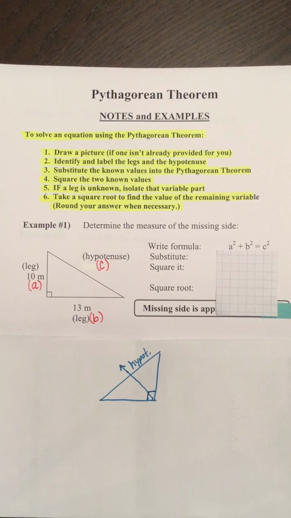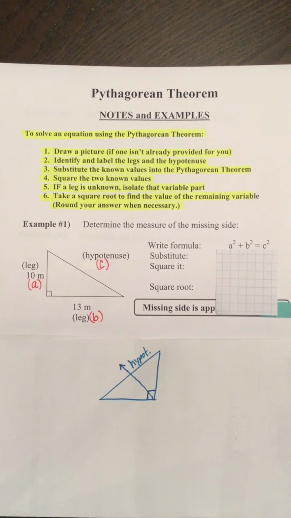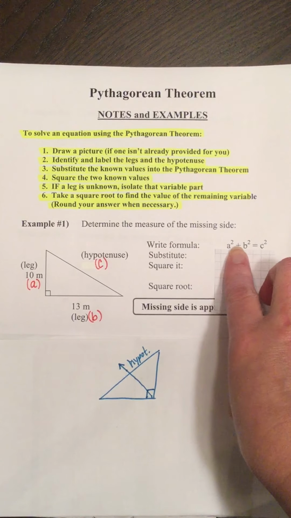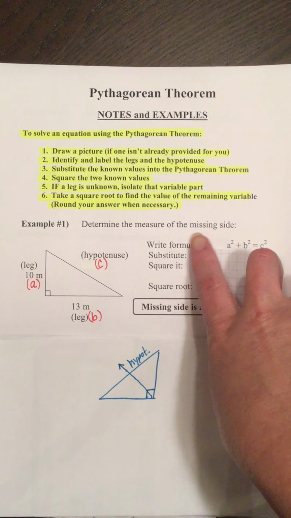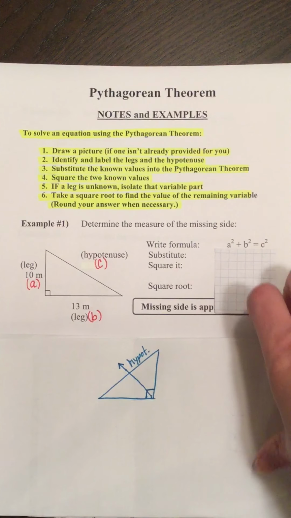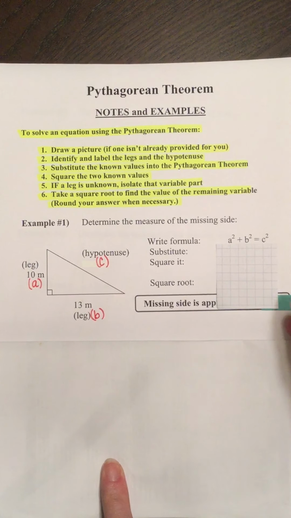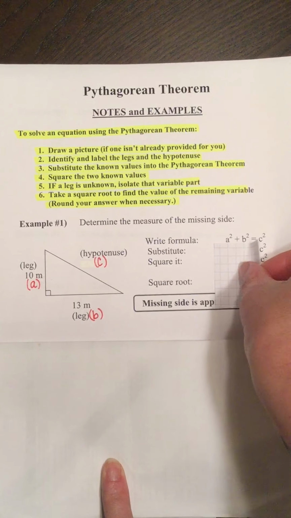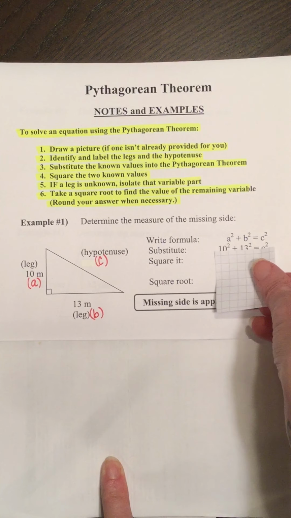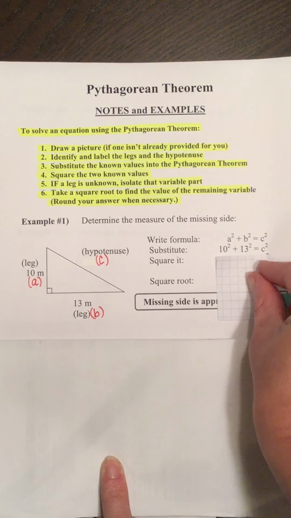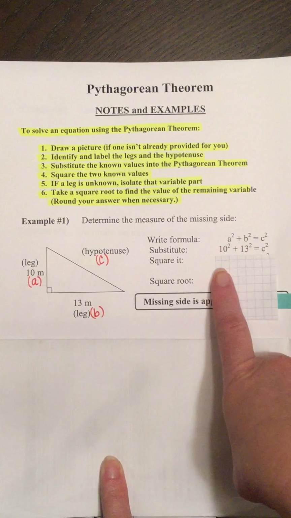It says substitute the known values into that Pythagorean theorem formula. So we have our formula written down, and you're going to want to write all this as you see it. Okay, I'm going to flip this so that doesn't keep confusing people. So we substitute those known values. They give us the 10 and the 13, and then it says to square the known values.